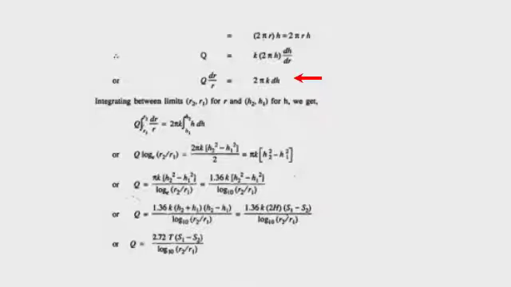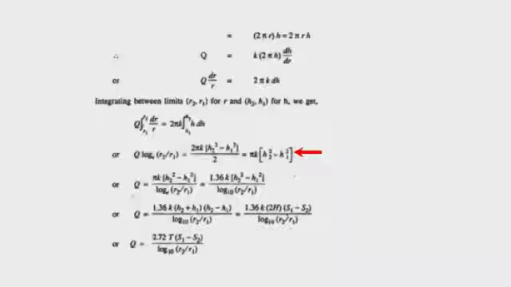Integrate both sides, on the left side with limits from r1 to r2, and on the right side from h1 to h2. So we get Q log_e (r2 upon r1) is equal to 2 pi K (h2 square minus h1 square) divided by 2, which is equal to pi K (h2 square minus h1 square).